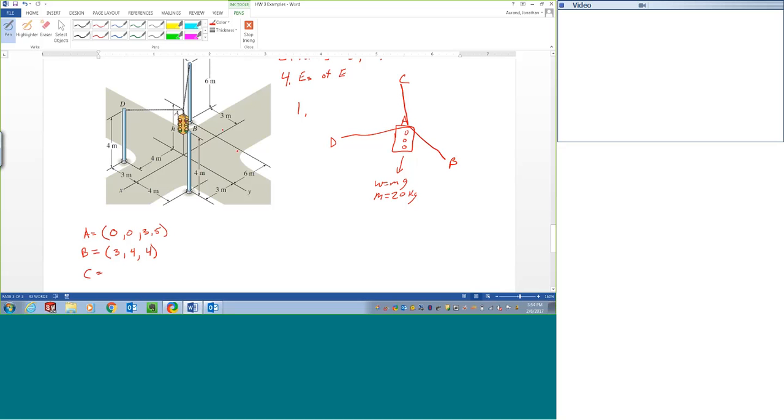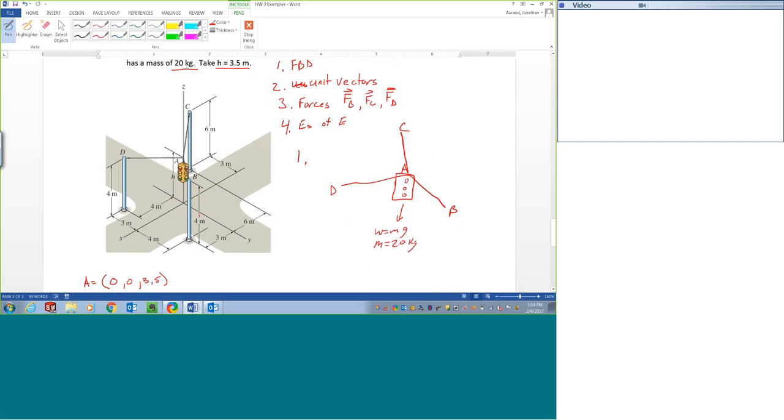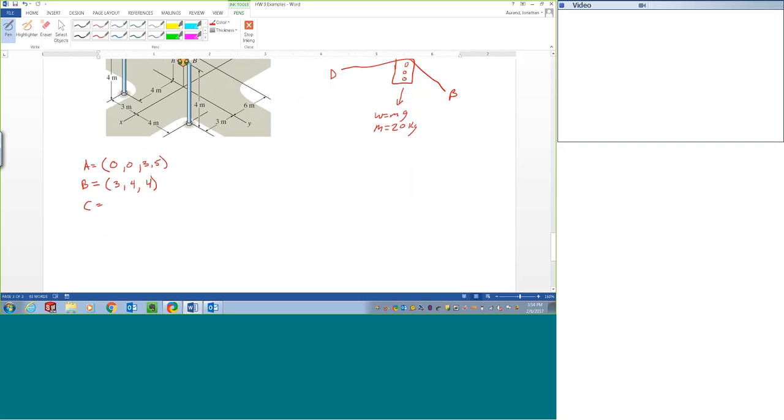Now looking at point C. In the x direction, we have -6. In the y direction, we have -3. And in the z direction, we have 6. So we have -6x, -3y, 6z.